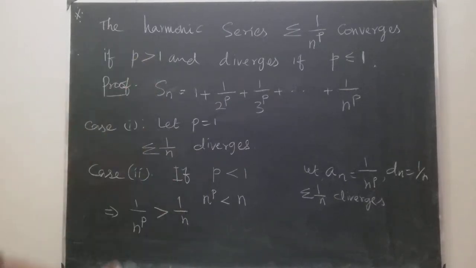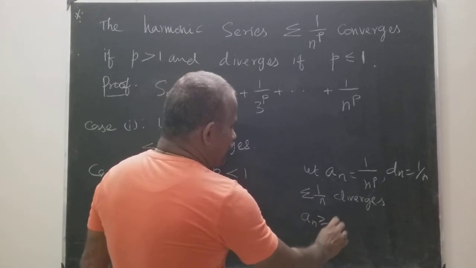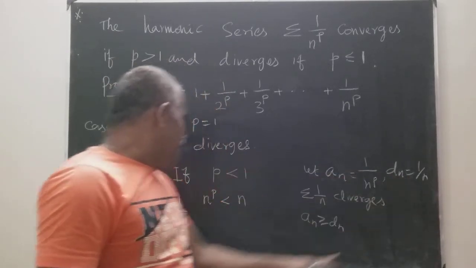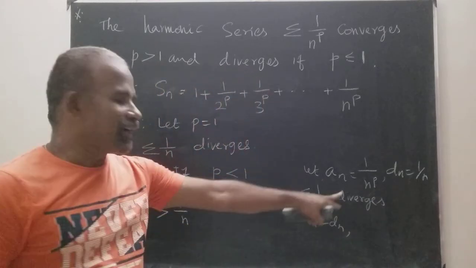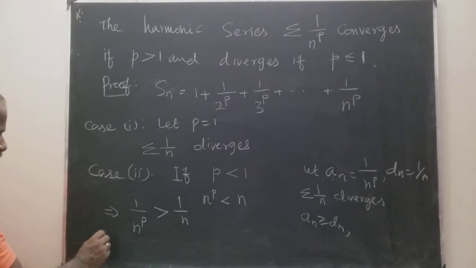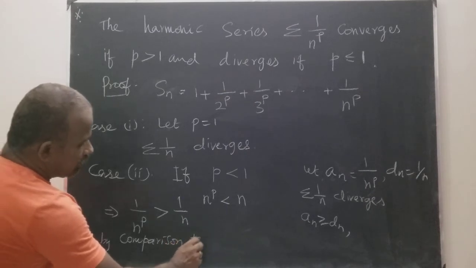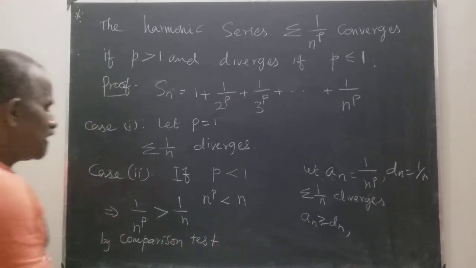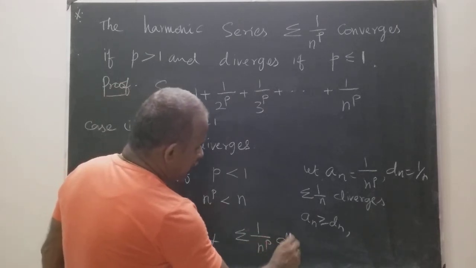What does the comparison test say? If An is greater than or equal to Dn, and sigma Dn diverges, then by using the comparison test, sigma An diverges. Here, An is greater than Dn, and we know that sigma Dn is a divergent series. So by using this, sigma 1 by n power p diverges.